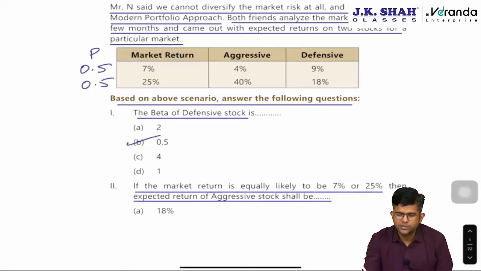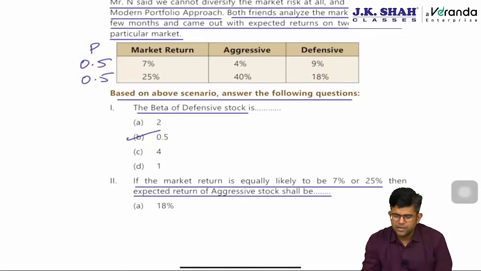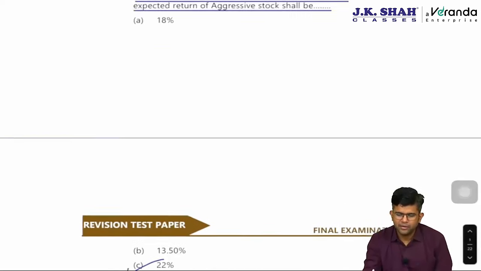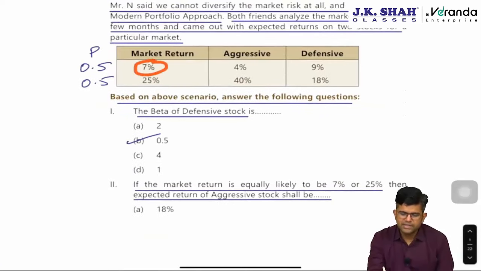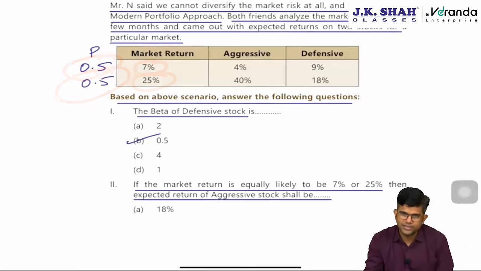So for the defensive stock, the x bar will be 9 into 0.5 plus 18 into 0.5, and that comes to 13.5. Beta we have just calculated as 0.5. M bar, in similar fashion, is 7 into 0.5 plus 25 into 0.5, and that will come to 16.